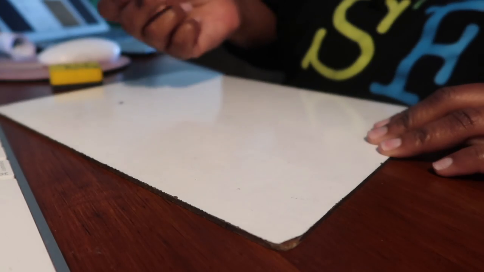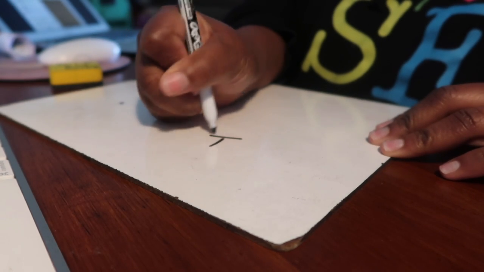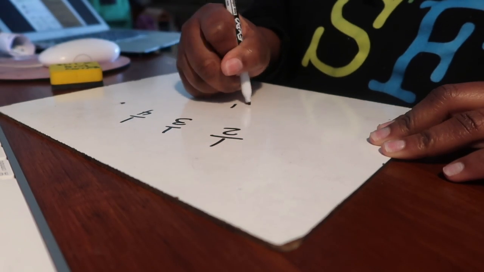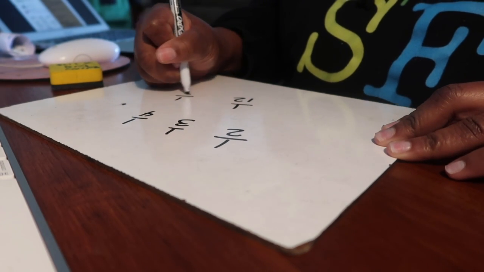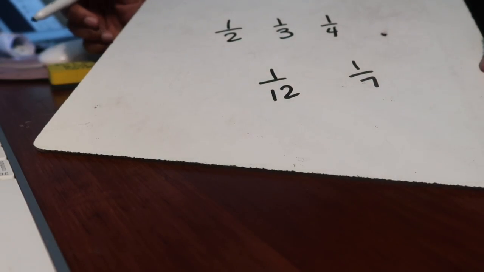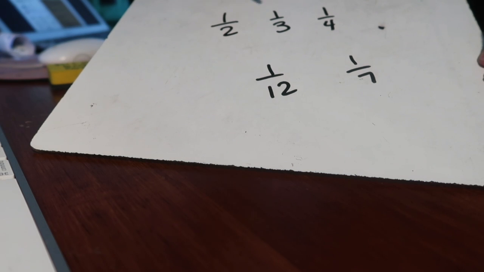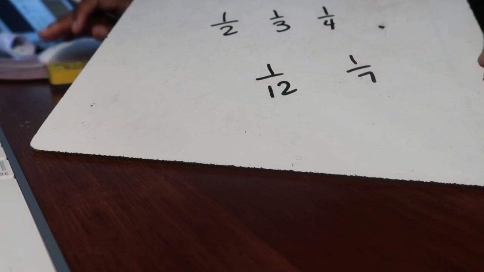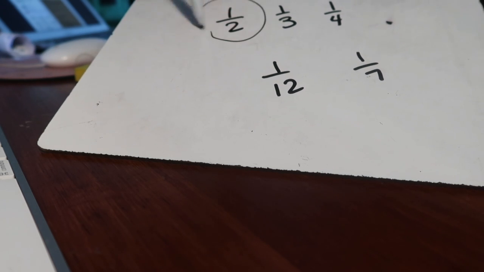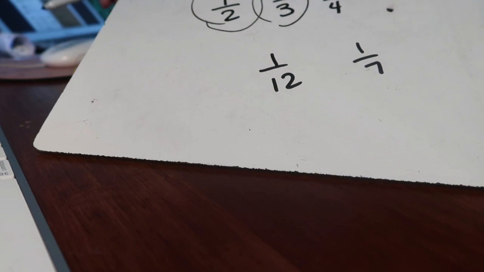So for example, 1/2, 1/3, 1/4, 1/12, 1/7. All of these are unit fractions because they all have 1 as a numerator. So today we're dividing these kinds of fractions by a whole number.